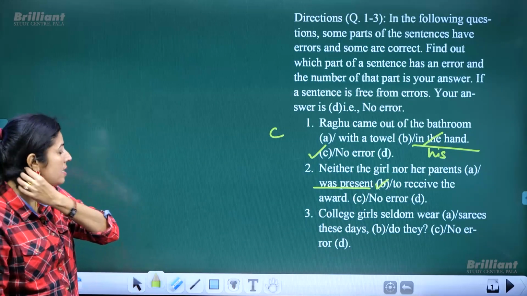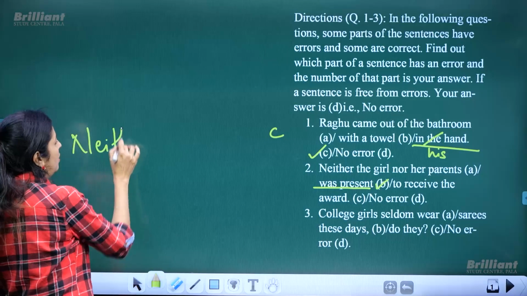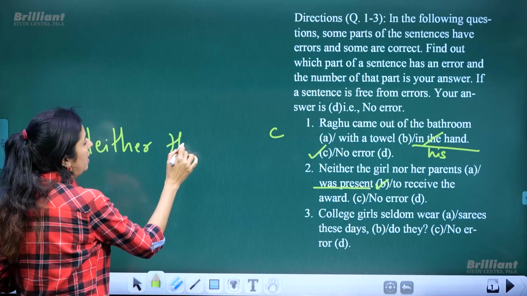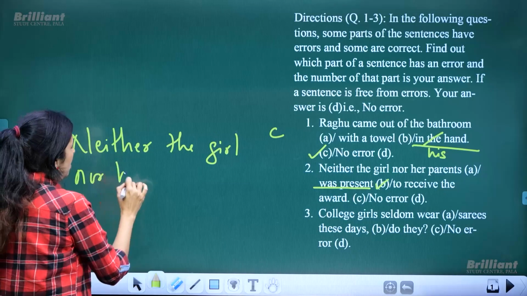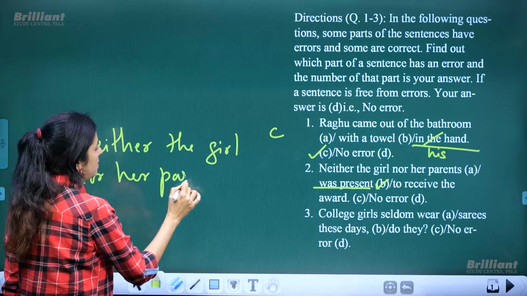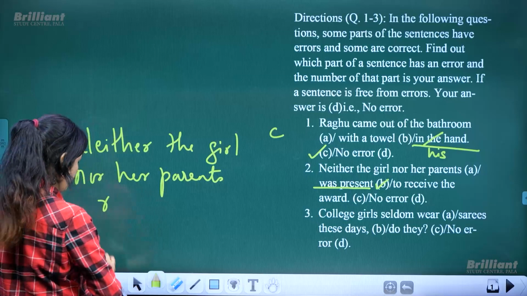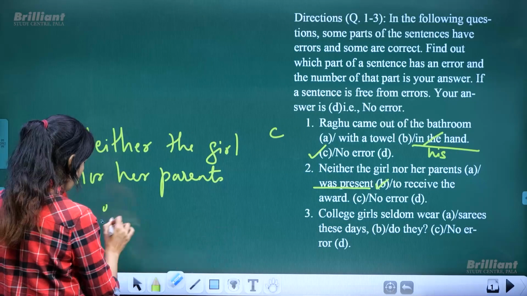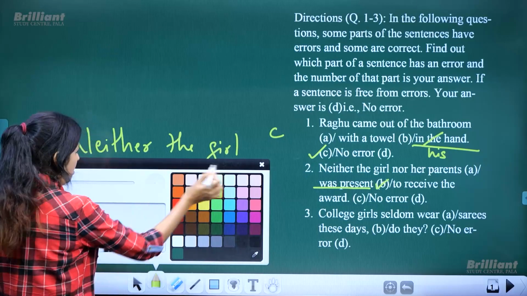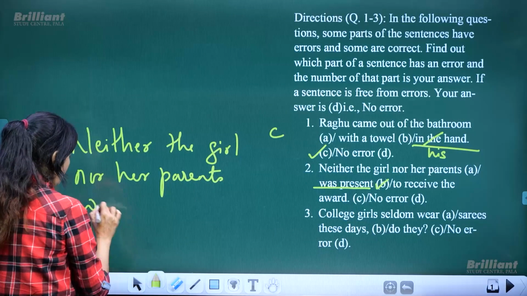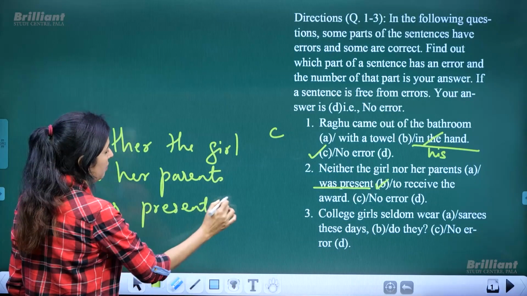What is wrong? I'll just write this sentence for your convenience. Neither the girl nor her parents was present to receive the award.